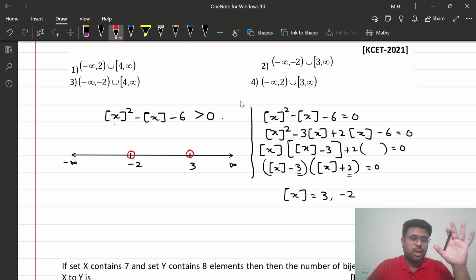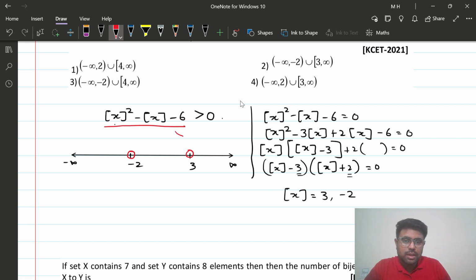Okay, so I will put a hole there, and now this has to be positive, right? So what is this? This is going to be this factor, right? I have factorized this one only, right? So it is box x minus 3, box x plus 2. That is what we have. Now when x is less than minus 2, of course this is also negative, right? So negative into negative is going to be what? Positive. So here it is positive, of course.